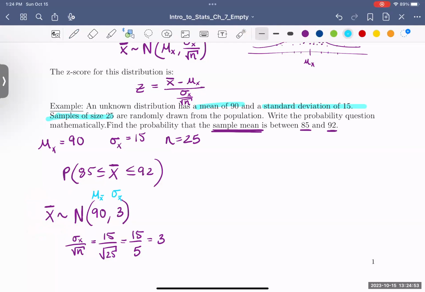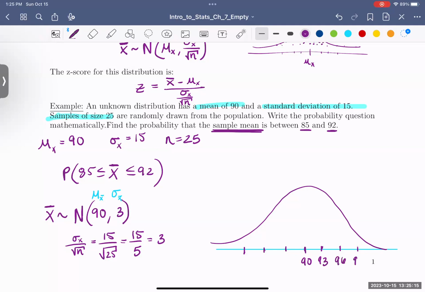So when I go and use my online calculator now, I'm looking at a mean of 90, still, that didn't change. But instead of these numbers being spaced out potentially by 15s, we are spacing out by 3s.